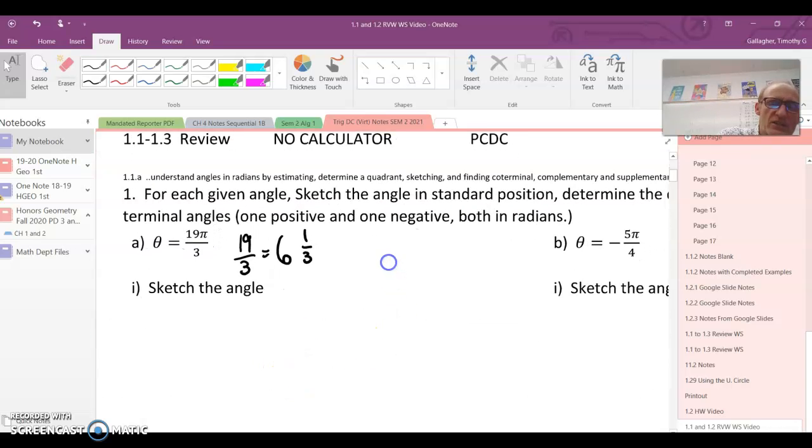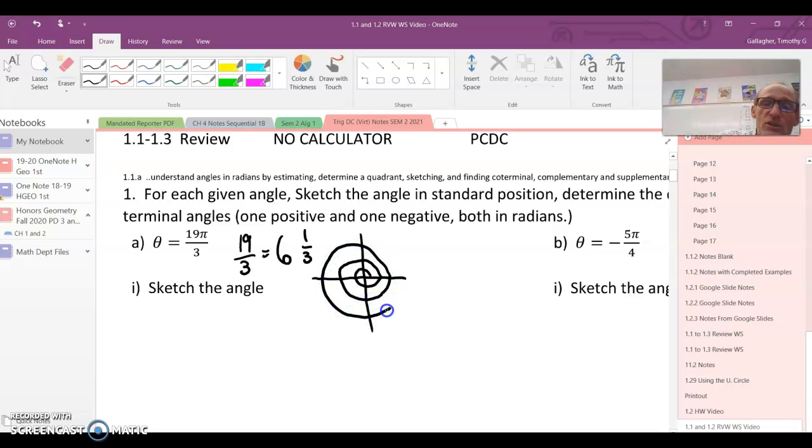In order to sketch that angle, you're going to go around 3 times because each time around is 2 pi. There's 2 pi, there's 4 pi, and there's 6 pi. Now, 1/3 more is what you need. So this is the sketch of 6 1/3 pi, or 19 pi over 3. That's what that sketch looks like.